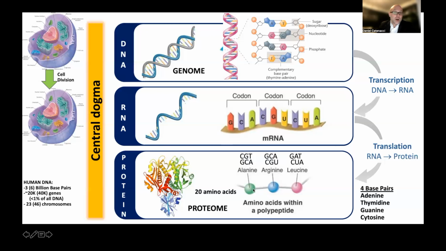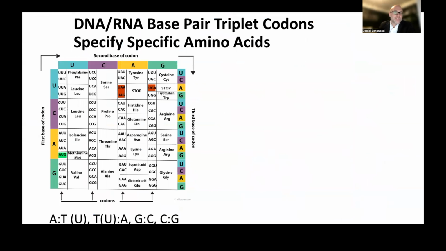I mentioned that there are 20 building blocks of amino acids, and this table shows you all of those 20 amino acids that are listed here, and what the codons in the DNA and then the RNA are that specify which amino acid you're going to get. You will first notice that there is more than one codon that will encode a specific amino acid.